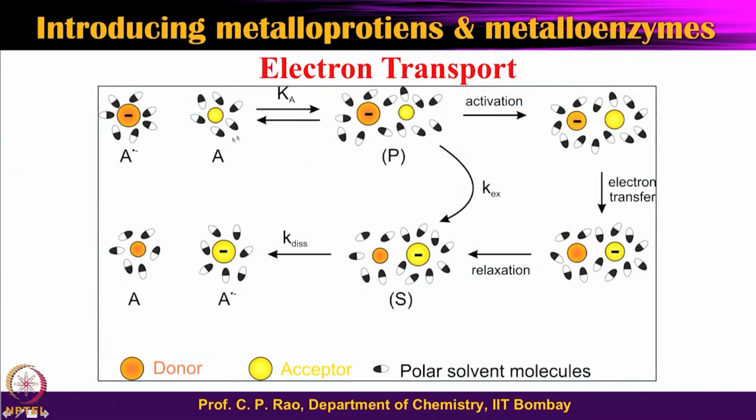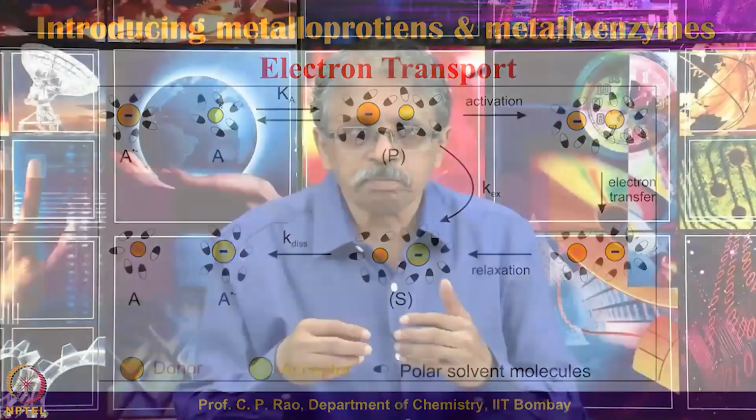I have written here solvent molecules, but you can take it as a coordination complex also, or in an enzyme it can be the close proximity of the metal center. So, you can take a simple ion with solvent molecules, or a complex with ligand molecules, or a protein where the metal ion is surrounded by amino acids or heme centers.